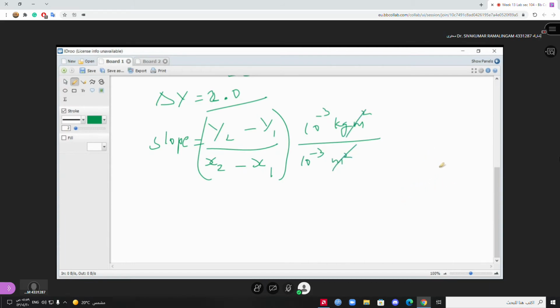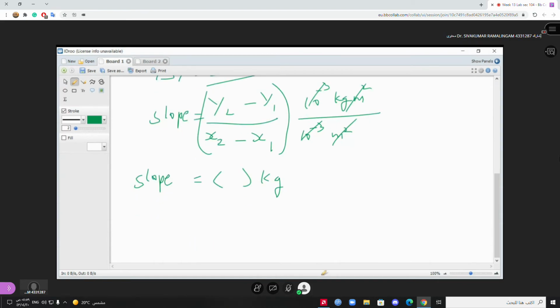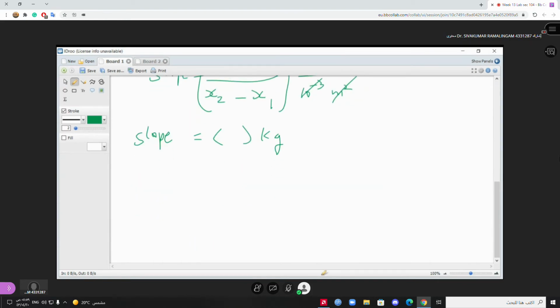Now meter square gets cancelled, and 10^-3 and 10^-3 get cancelled. Whatever number you get, that is in kilogram, right? That is your slope. Then how to calculate your m?